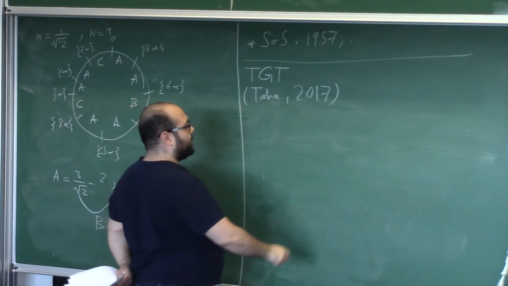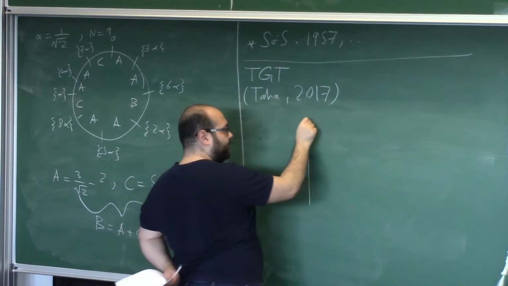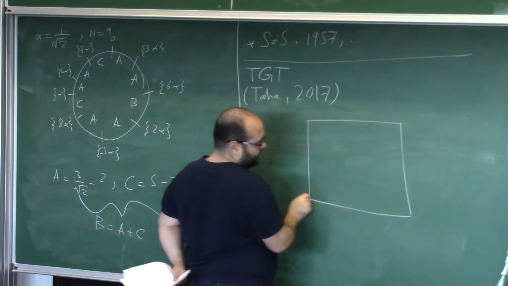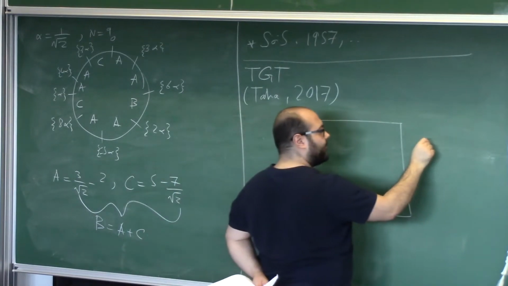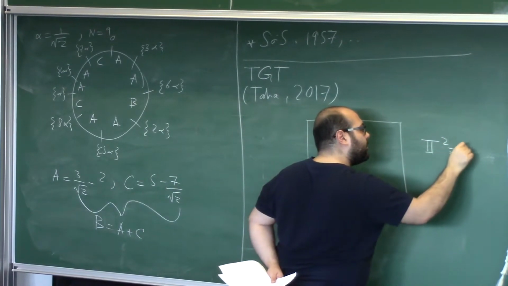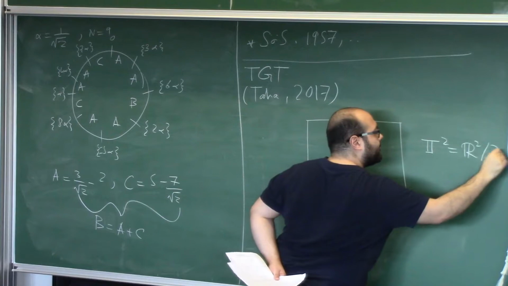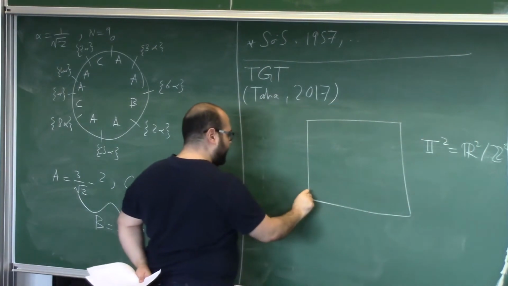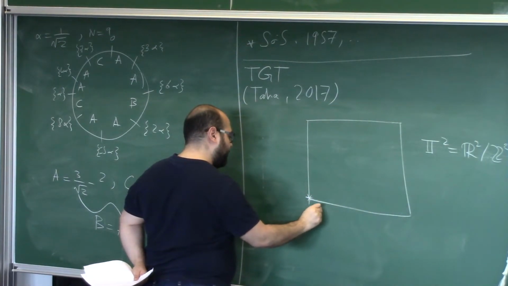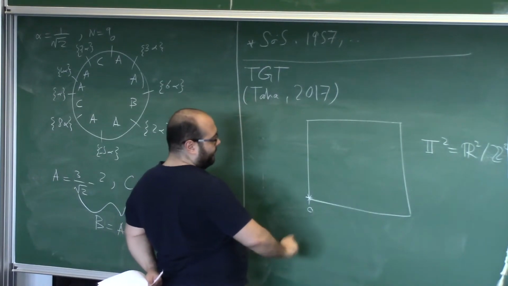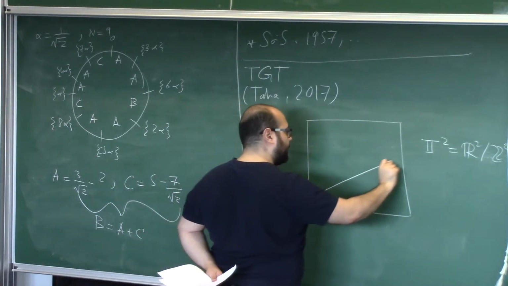So, the proof goes as follows. Start with the torus. Start at the origin, called 0. Flow linearly with slope alpha.